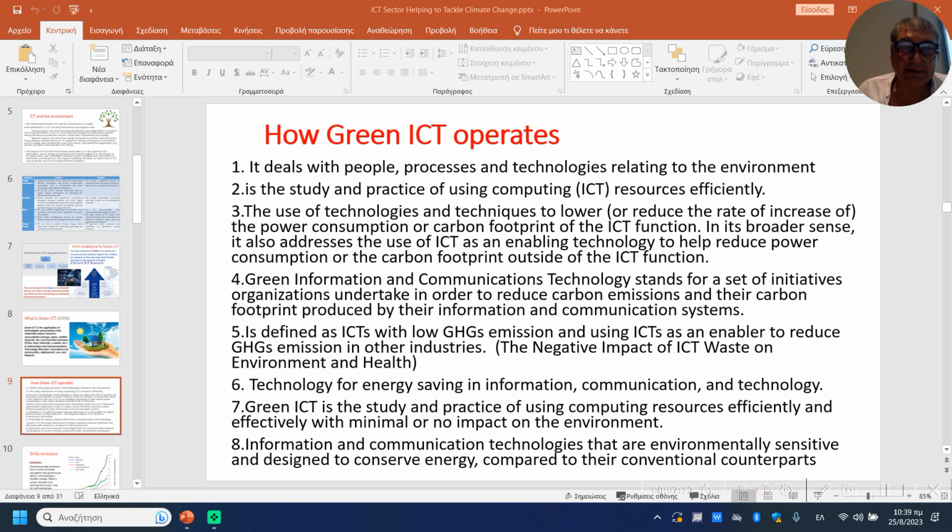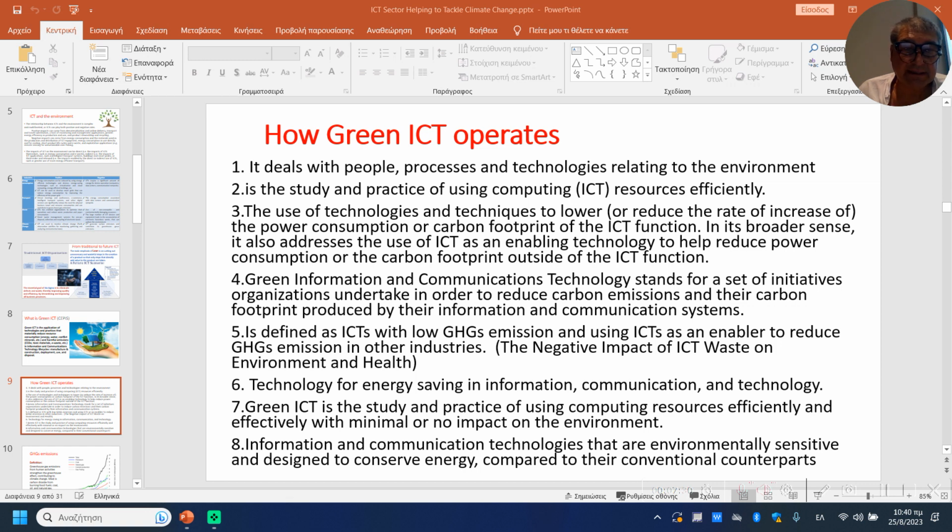It has a positive effect on measuring and, in some cases, in governing greenhouse gas emissions. It uses technologies for energy saving.